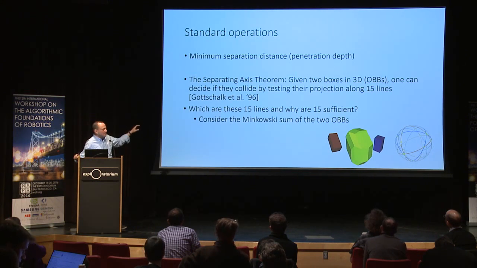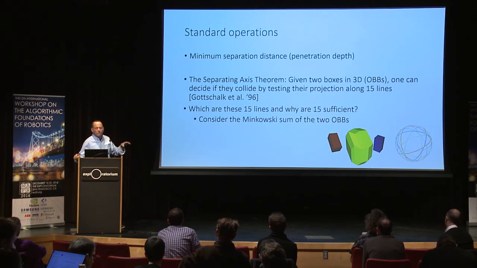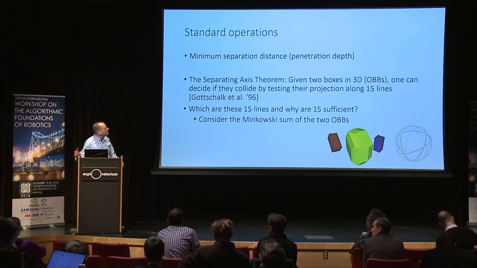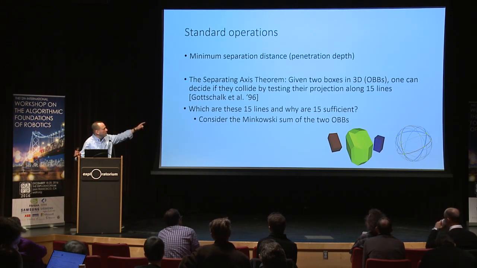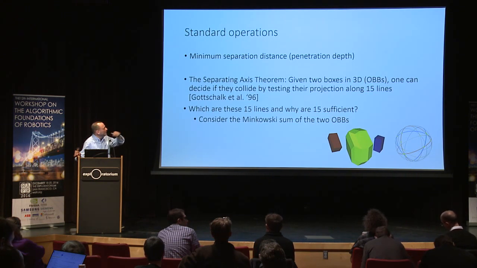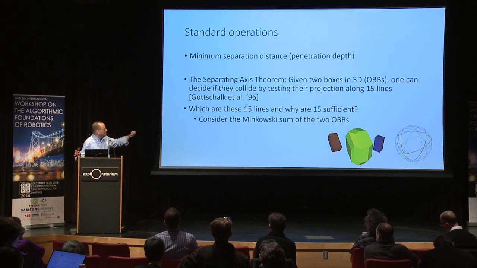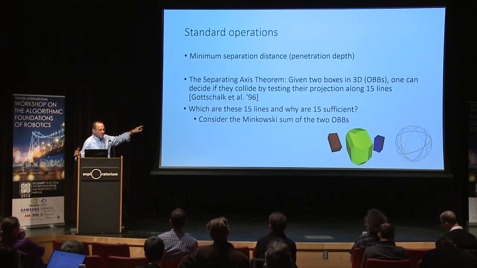Or another thought experiment. I guess many of you use collision detection packages from the group of Dinesh Manocha and Ming Lin. And let me talk a little about the bounding volume hierarchy using OBBs. One of the reasons that these packages work so effectively is that the OBB test for collision is super fast. They show that you only have to project them over 15 lines and check for overlap of segments on these lines.